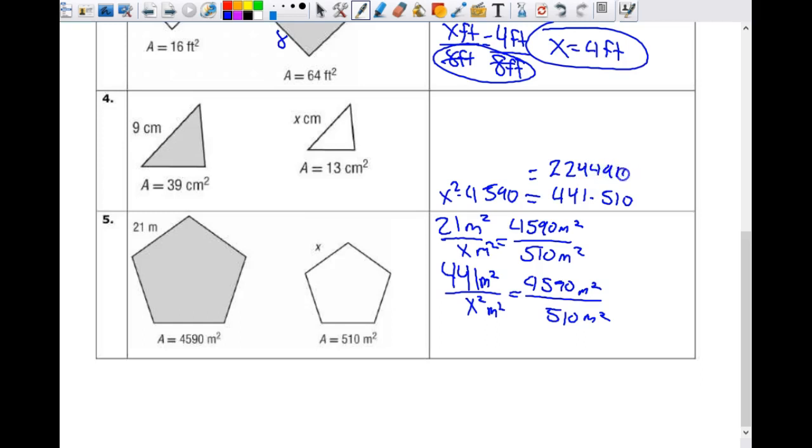When you have already square rooted this, why do you have to do it again over here? Because it should have been written like this. That's 2 million, 224,910 or so.